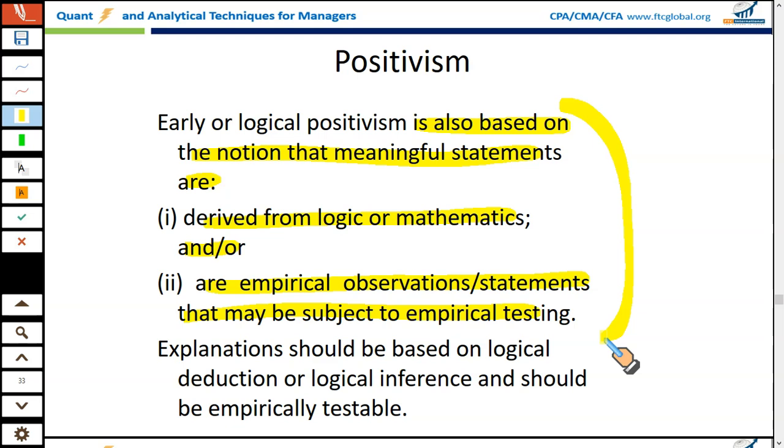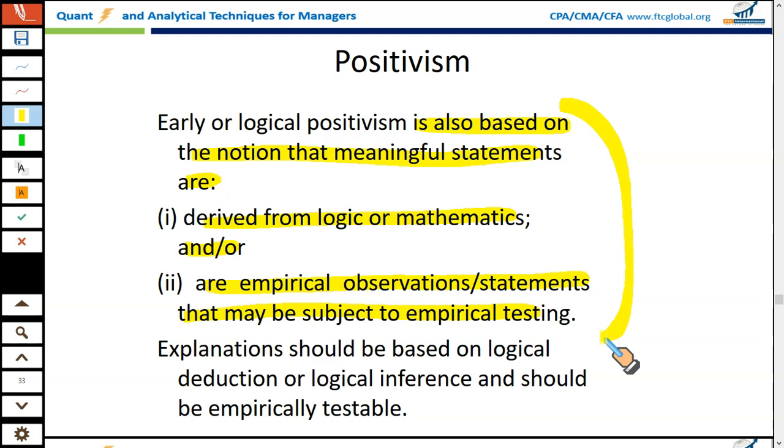This means that ideas should be clear and based on logical or mathematical reasoning, not just any hunch that comes to my mind that I say and people start believing. It has to have some mathematical reasoning, it has to have some logic to it.